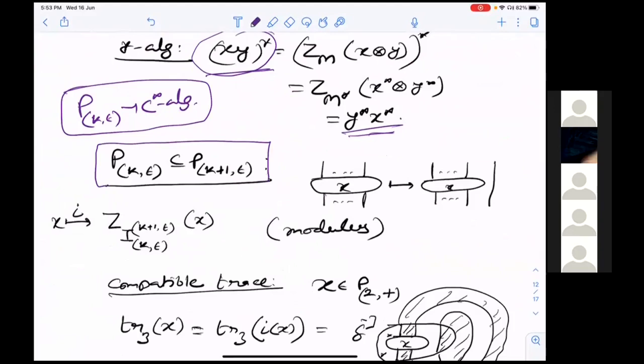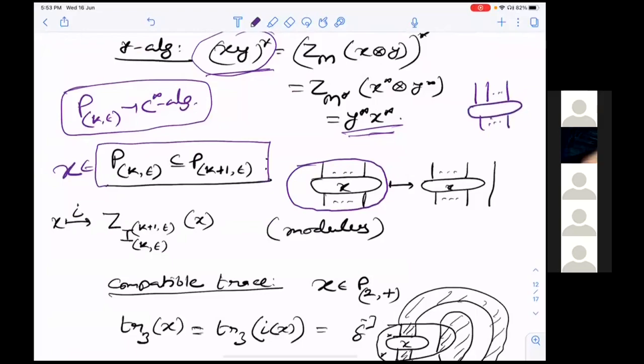How to do that? Consider an X in P_k^ε. So X can be written like that. Now just consider this inclusion triangle, drawing a through string at the right side. This is my inclusion triangle.